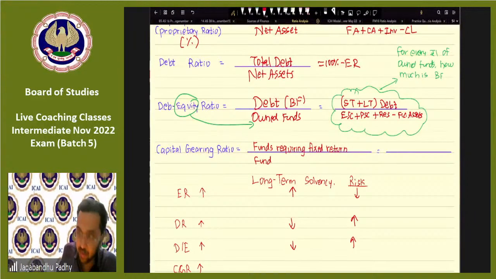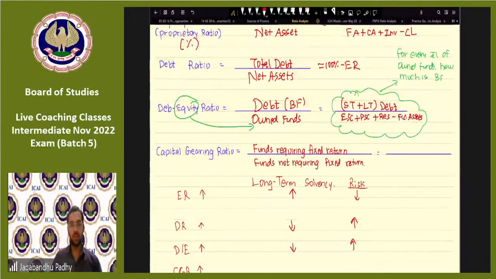Remember, the funds that you're raising which require fixed return are said to be gearing your business. Funds required for fixed return are actually adding gear, or adding leverage, to your business.